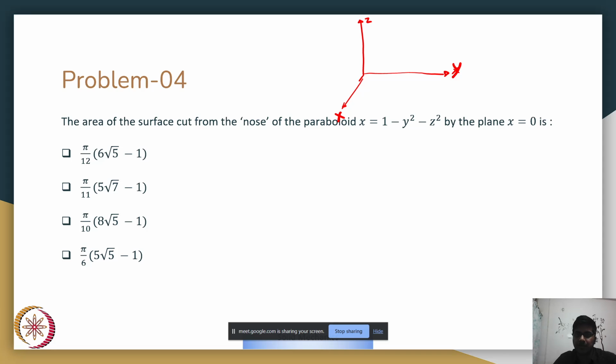This is my x, this is my y, this is my z, and my paraboloid goes like this, and it cuts at x equal to 0. It will be cut by a plane.